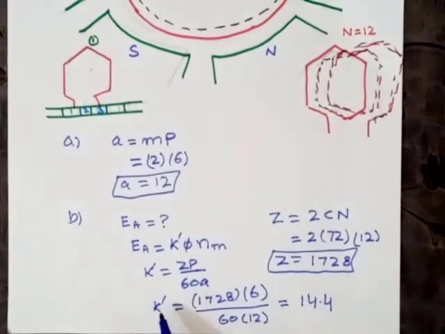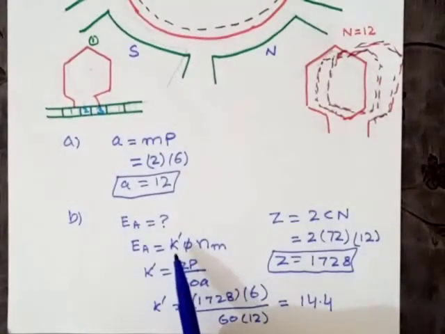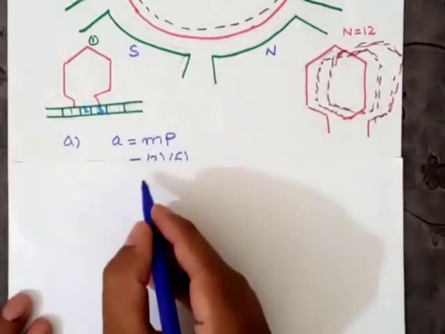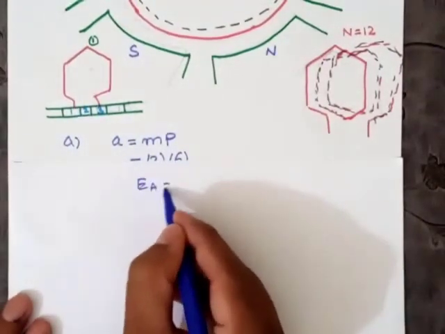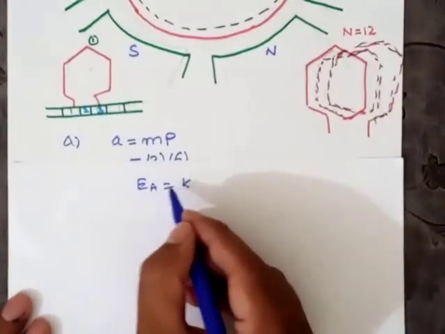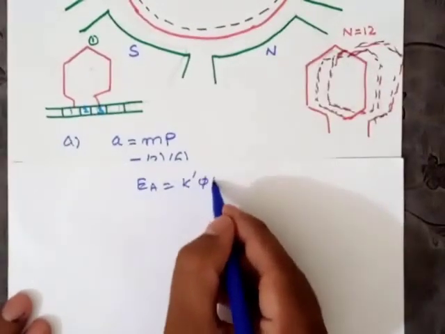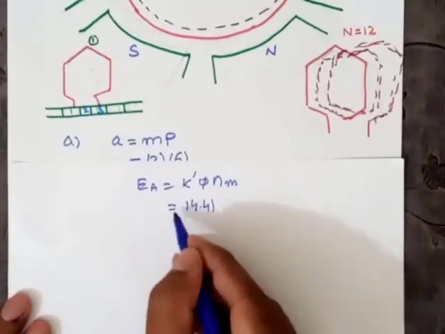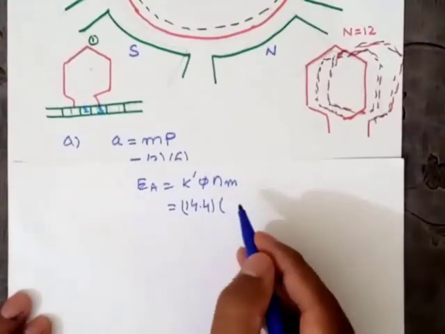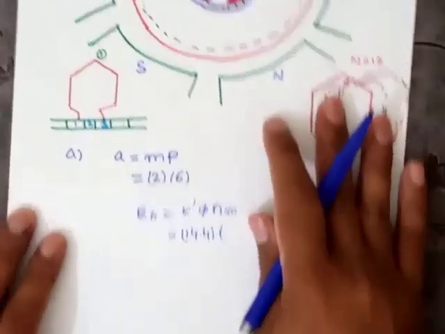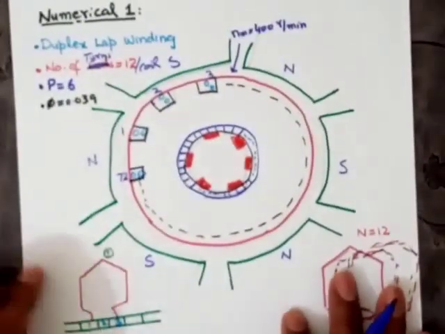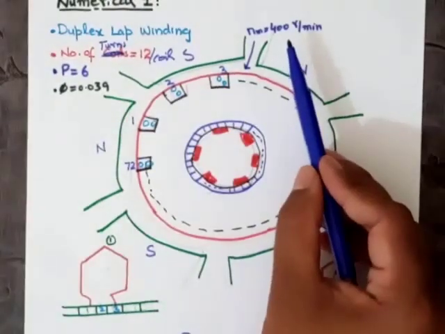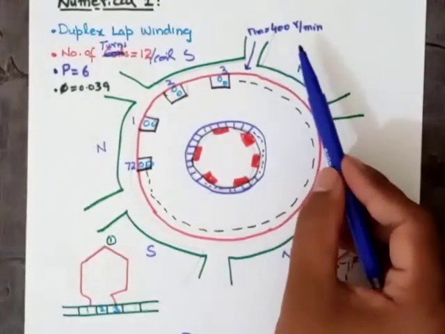Now, putting the value of K dash in this equation, we get E induced is equal to K dash phi into Nm. The value of K dash is 14.4 and the value of the flux given in this particular problem is 0.039 and the value of N is given here 400 revolution per minute.